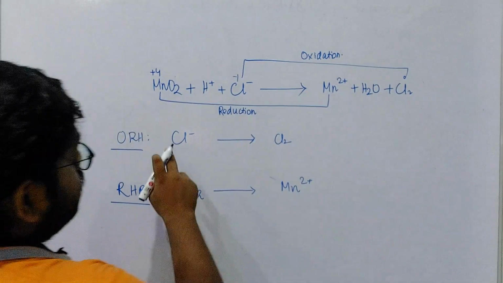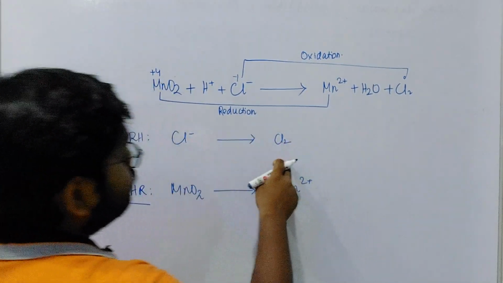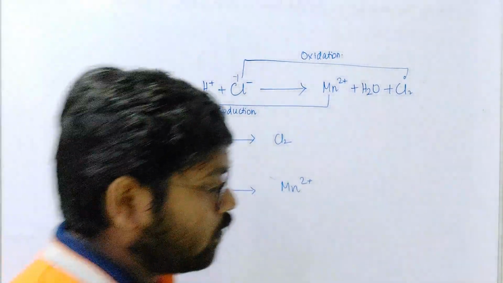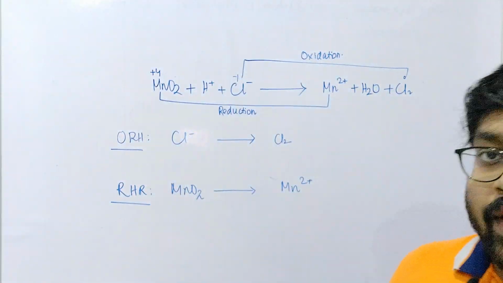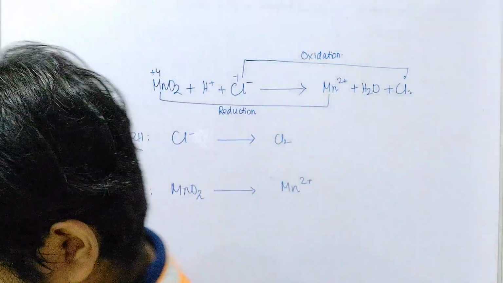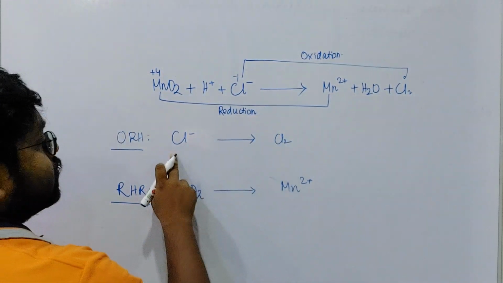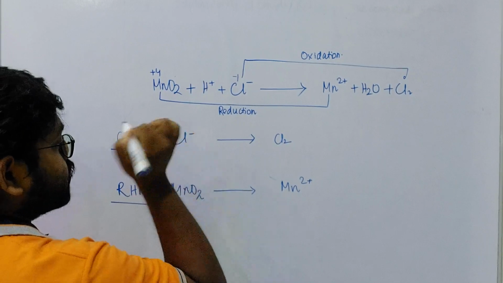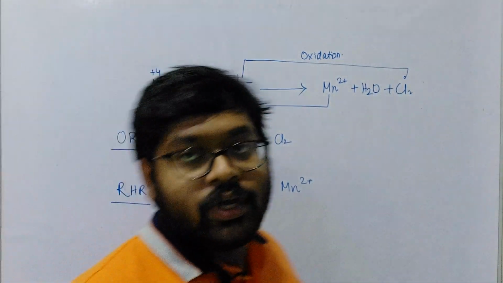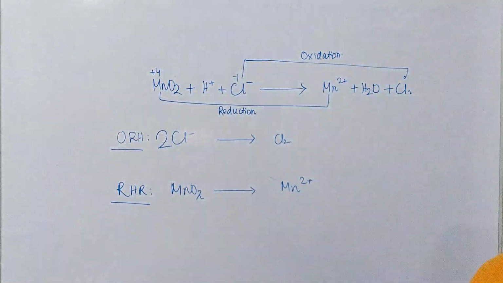Now Cl- into Cl2. Remember, first we need to see whether the number of atoms is equal on both sides. Obviously on this side 2 chlorine atoms and on this side 1. So first just add a 2 over here so that the number of chlorine is balanced on both sides.